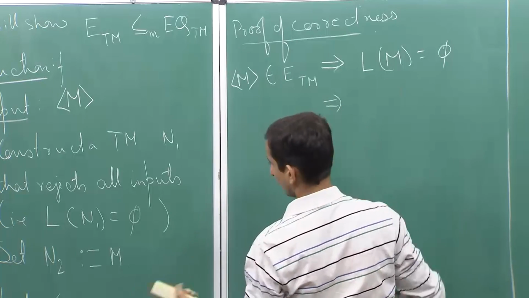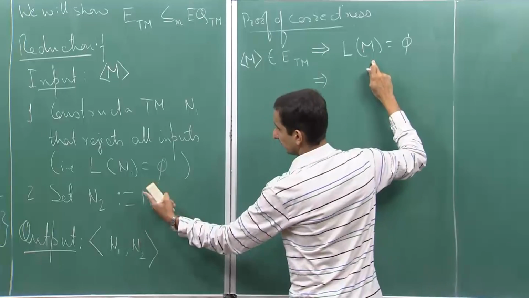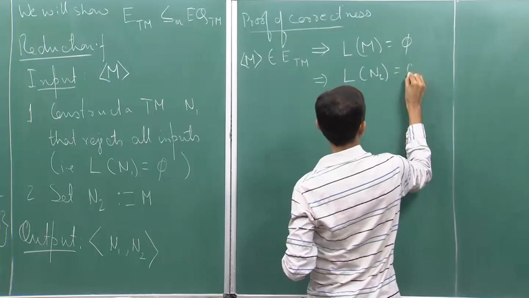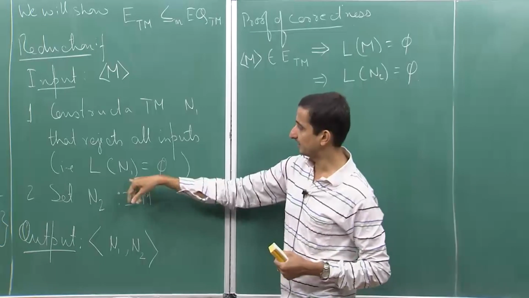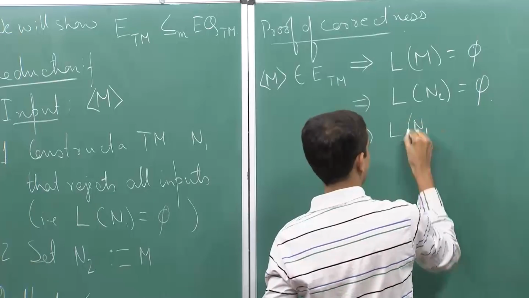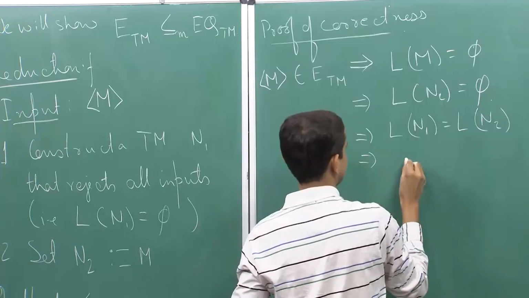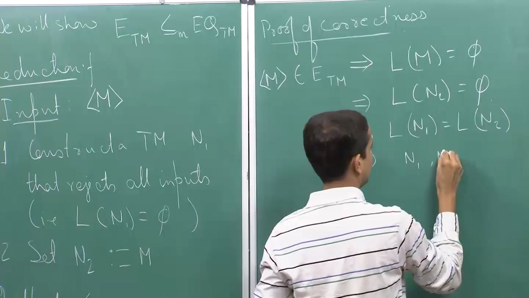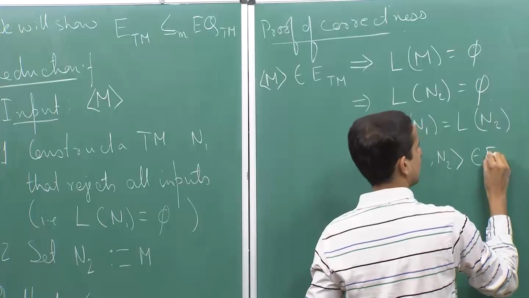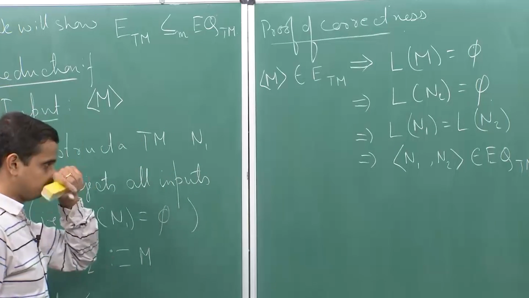Because N2 is nothing but M, this implies that the language of N2 is also empty, and we had set the language of N1 to be empty, which implies that the language of N1 equals the language of N2, which implies that N1 comma N2 is in EQTM.